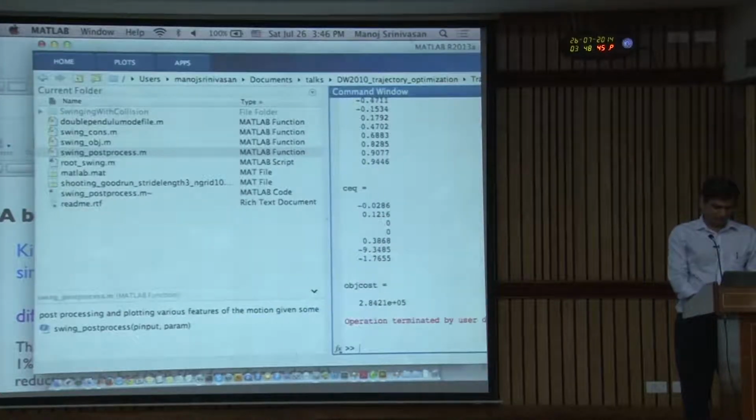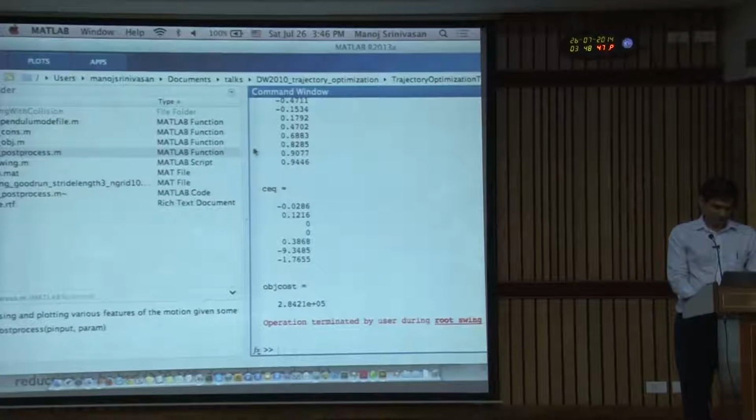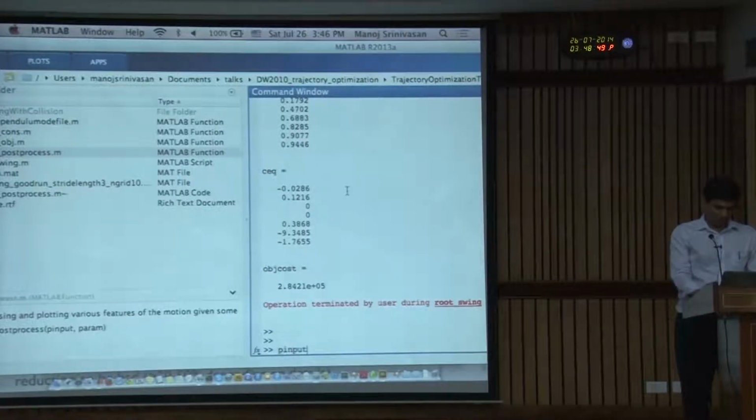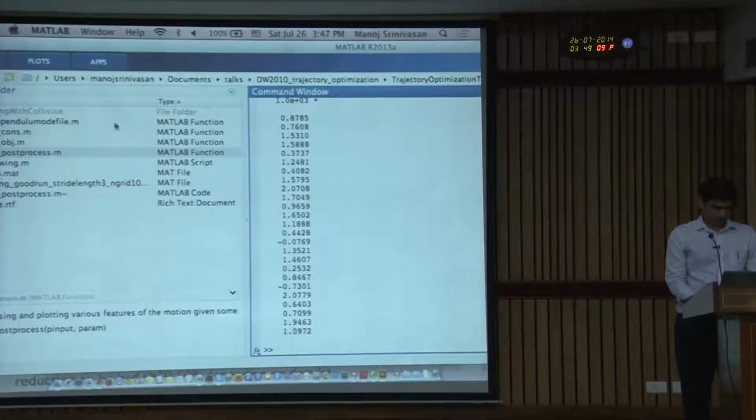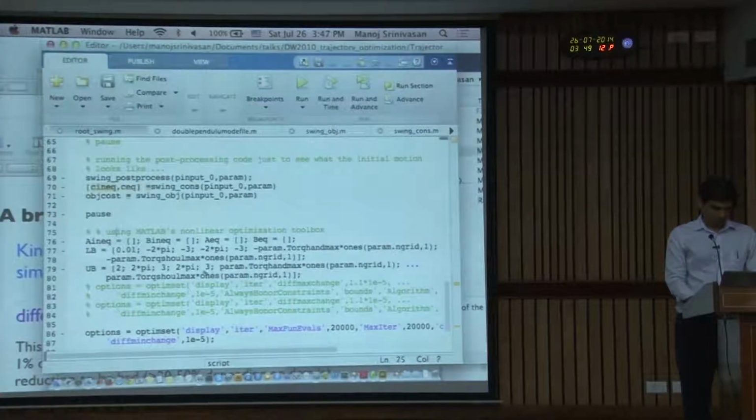So let me kill it and say, what do we call it? P input naught, input sub naught, and then add something random to it. Some huge thing.